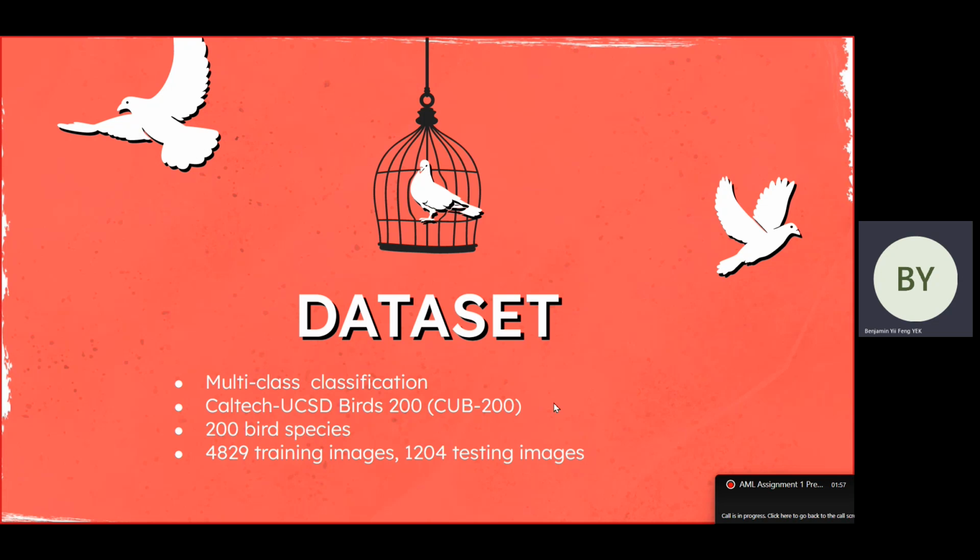This is a multi-class classification dataset which contains 200 bird species, so 200 different types of birds. And I have 4,829 training images to train the model, and also 1,204 testing images to validate the accuracy.